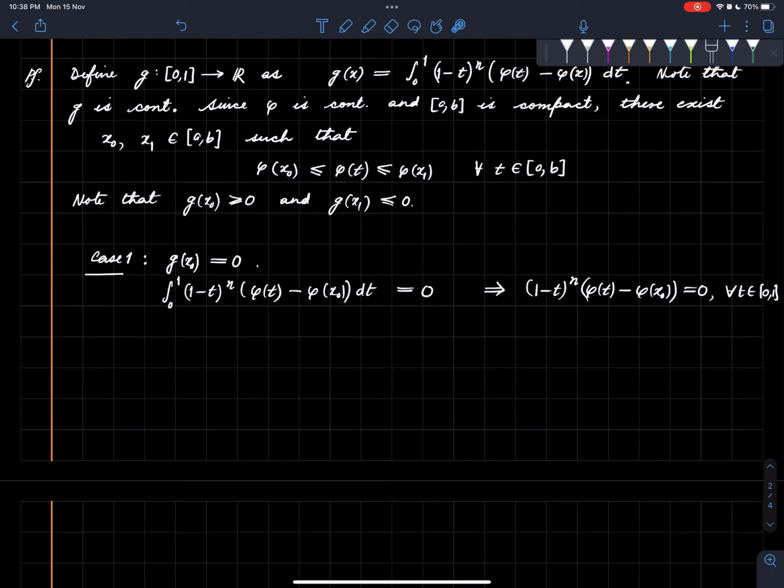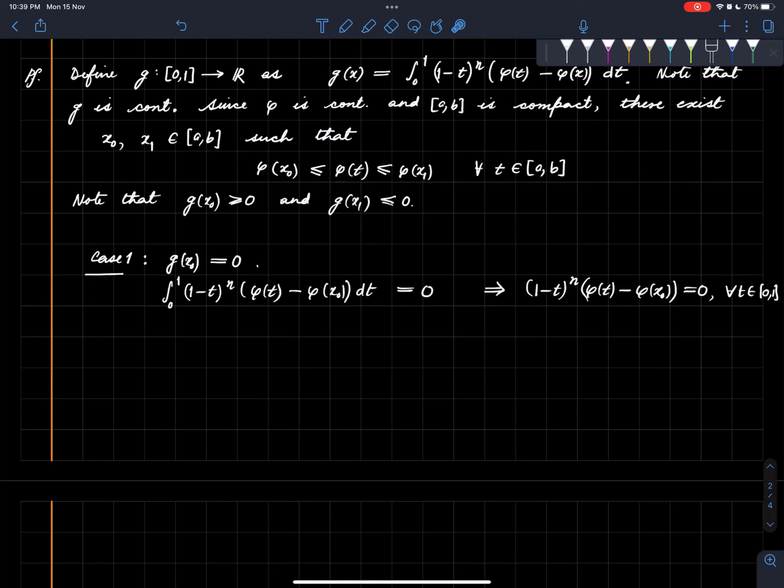Why is that? This is a continuous function, and it is non-negative throughout the domain [0, 1]. If its integral is 0, then the function itself must vanish everywhere, because if a continuous function is positive at some point, then it remains positive in a neighborhood, and since it is non-negative everywhere else, the integral will be at least the area you see. I'm arguing somewhat lightly, but I hope you get it. So if you have a continuous function which is non-negative and its integral is 0, then the function must be 0 throughout the domain of integration.